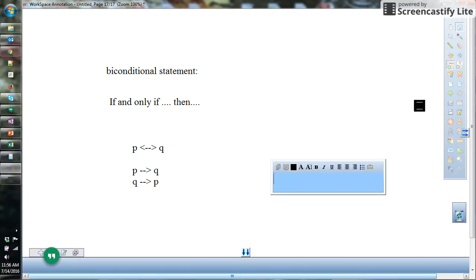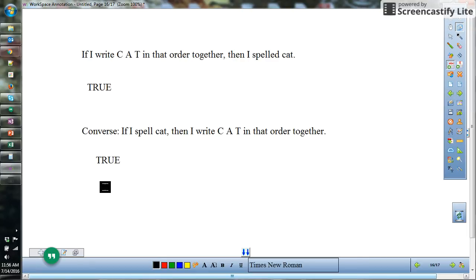Okay. So I'm going to go ahead on my last page, and I'm going to rewrite my original statement as a biconditional statement.